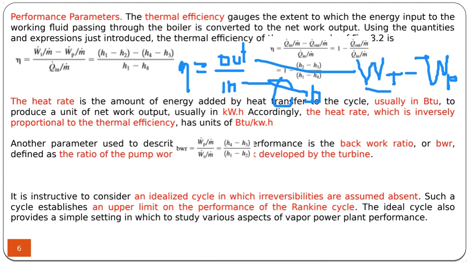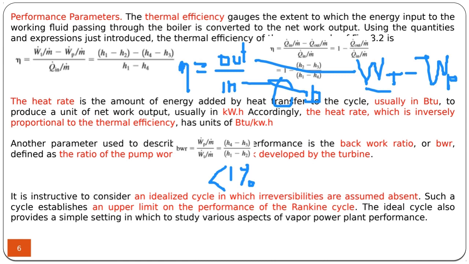By the way, it's also possible to relate the pump work to turbine work, which is called the back work ratio. Back work ratio is the necessary work to be delivered to the pump divided by the work delivered by the turbine. As I had already mentioned, this is most of the time less than 1% in a steam power cycle.